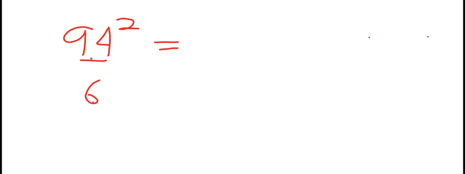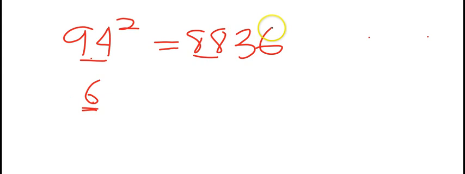And so 94 minus 6 is 88. Now, the 88 is the beginning part of our answer, the first 2 digits. Now we square the 6 again, and that will give us 36. And so 94 squared is 8,836.